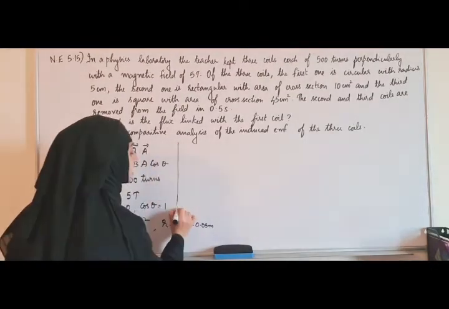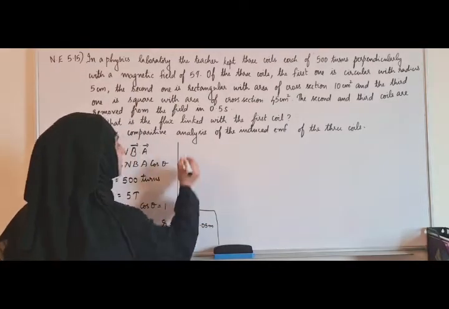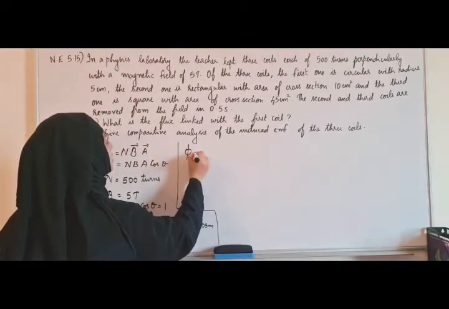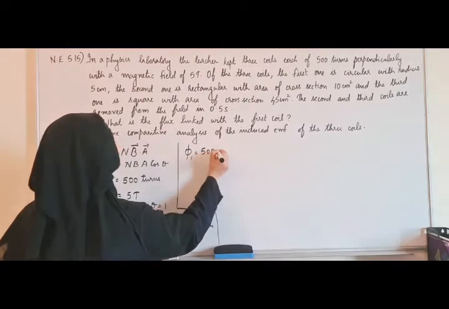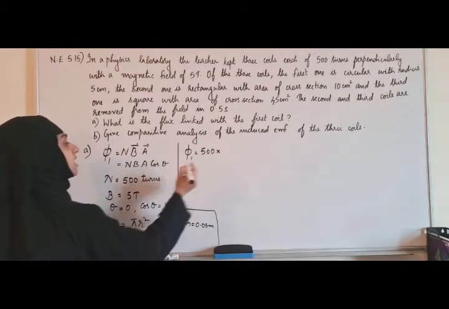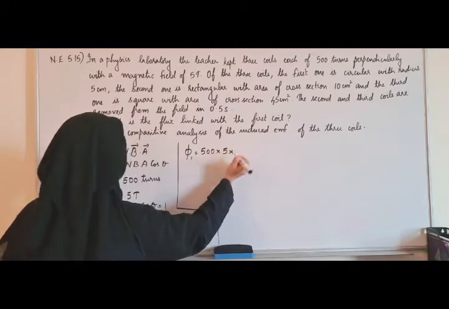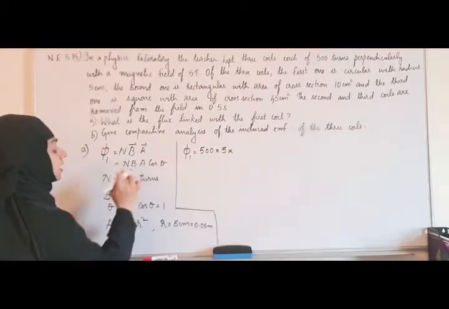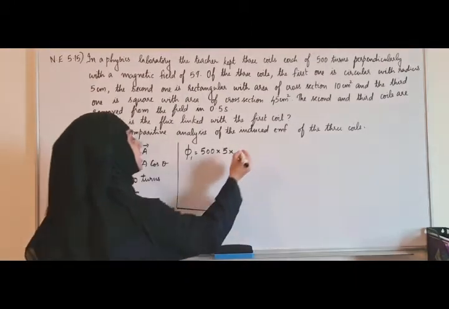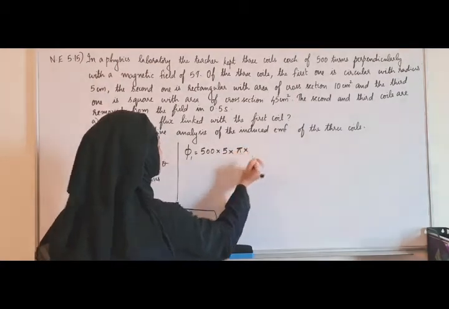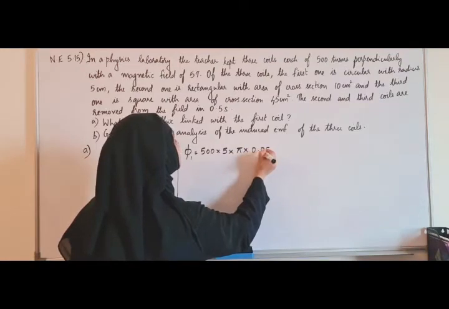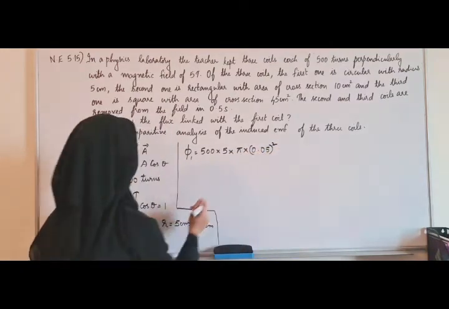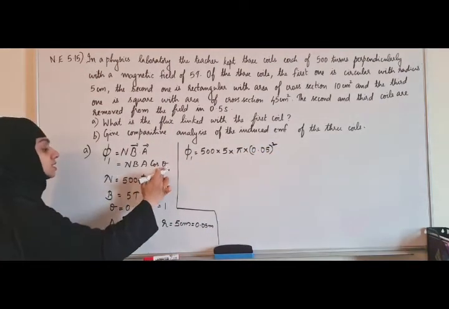So let me substitute all these values in this expression. Phi 1 is equal to, n is 500, so 500 times B is 5 Tesla, 5 times area. A is pi r square, pi times radius 0.05 square, times cos theta.